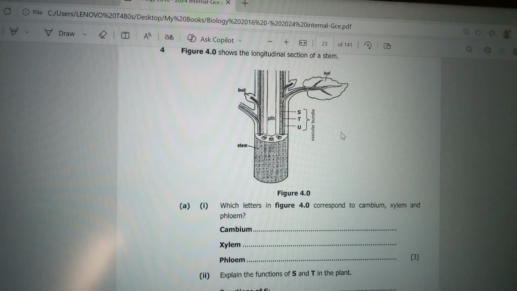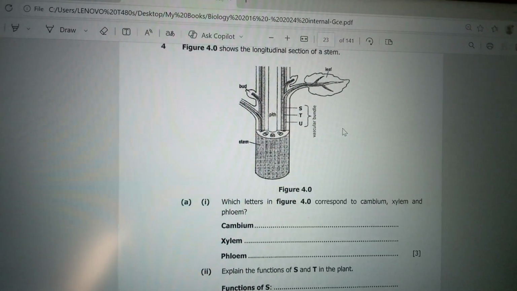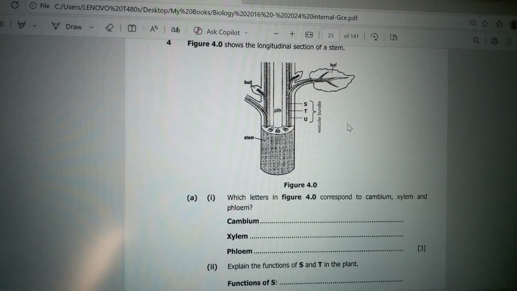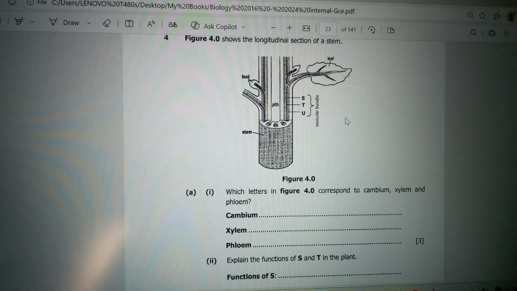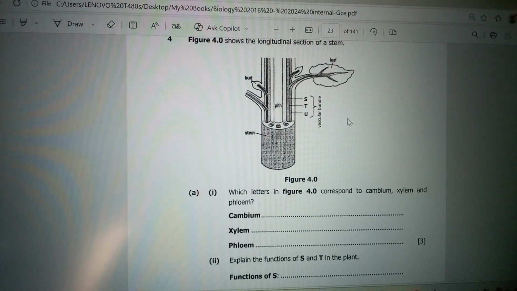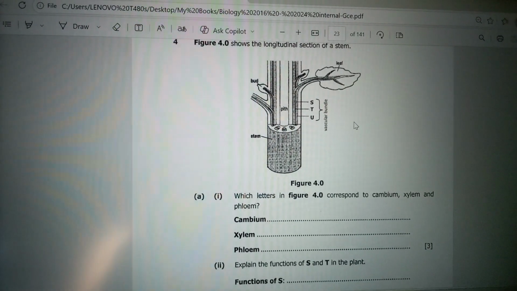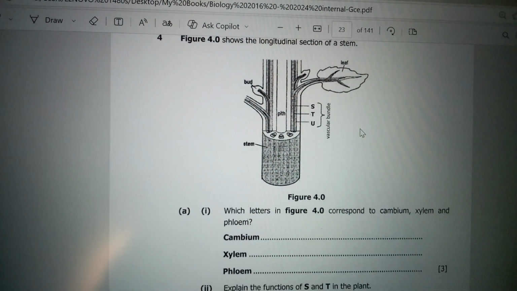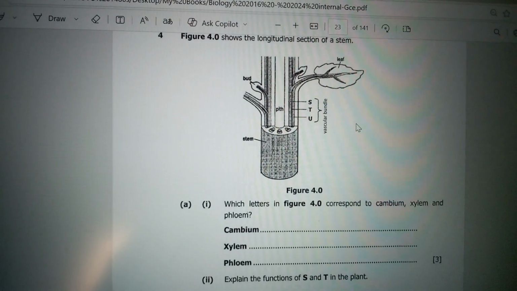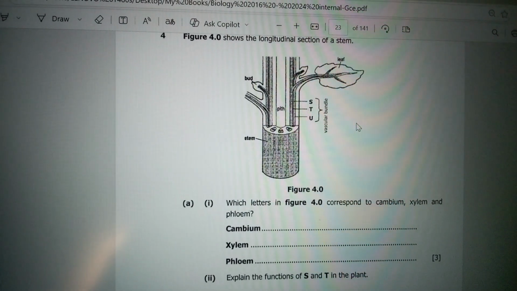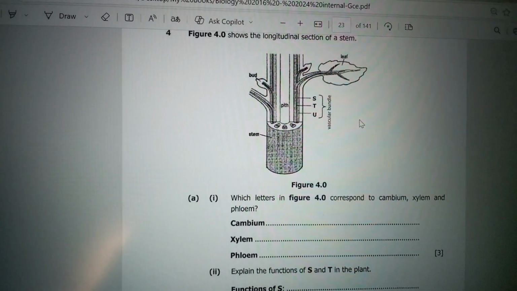Also T, the part that is in the middle, is called the cambium, which contributes to the secondary growth of the xylem and the phloem. And then U, that is phloem, the part that is responsible for transportation of manufactured food.